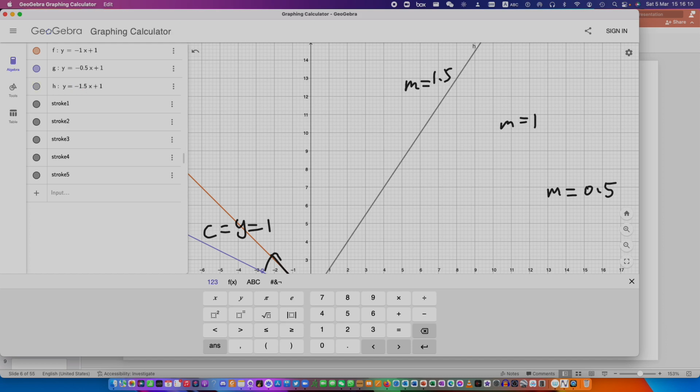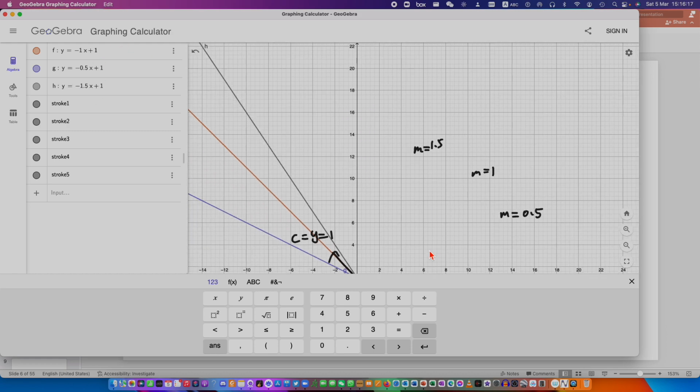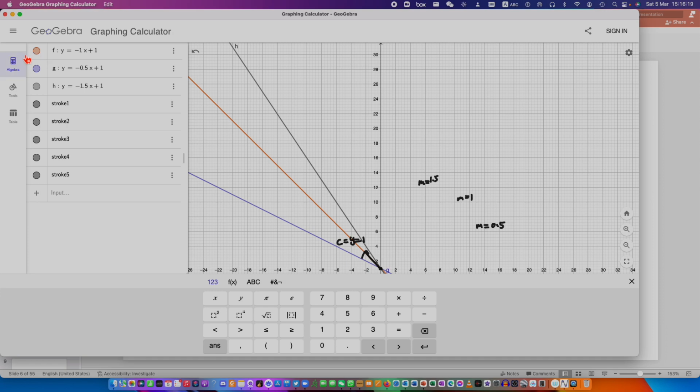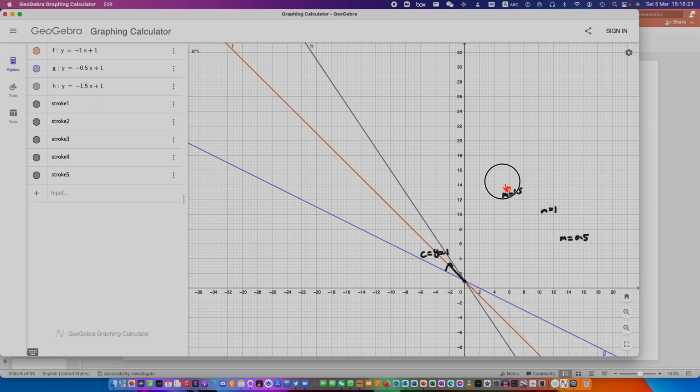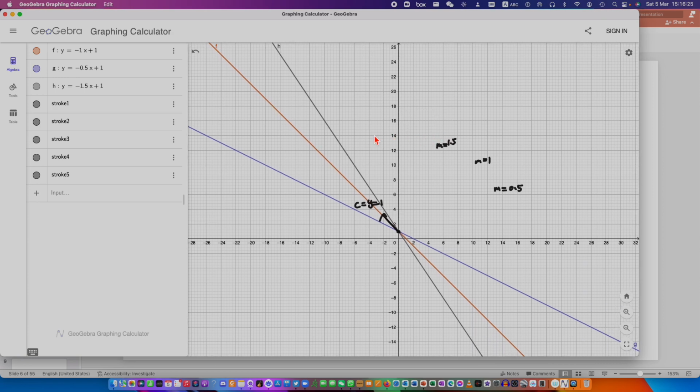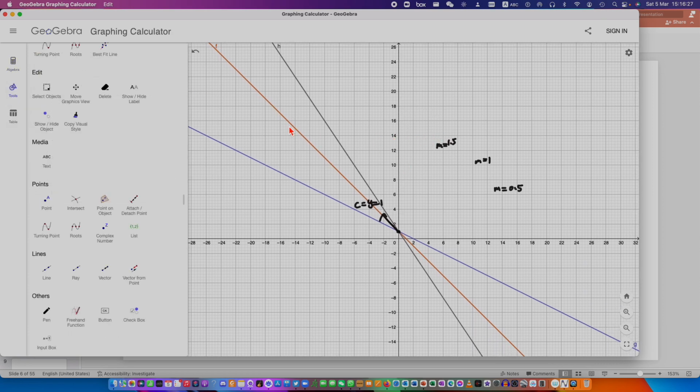I have not changed the y-intercept yet. So what has changed here? It's no longer positive. I changed all the gradients to negative, negative gradient.